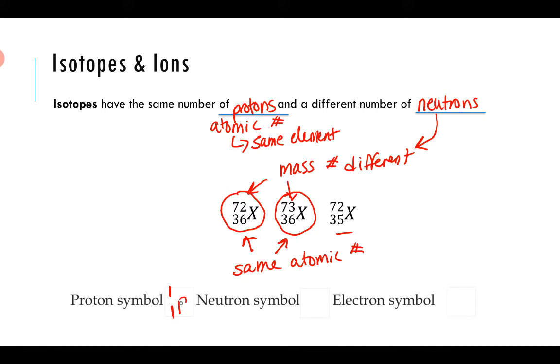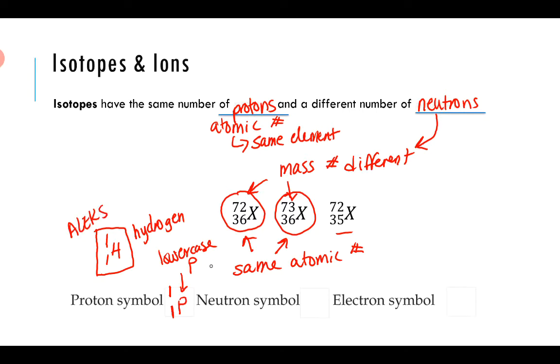And we can either write a lowercase p, because we don't want it to look like phosphorus, or we can write an H for hydrogen. On ALEX, they'll want you to write an H for hydrogen.